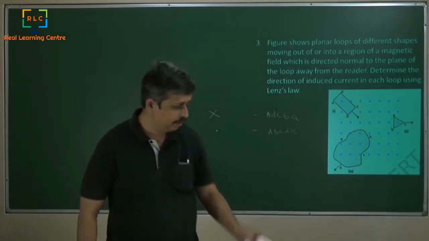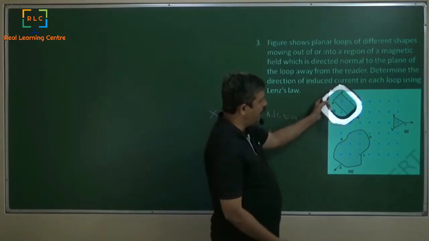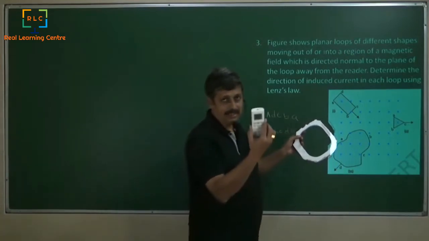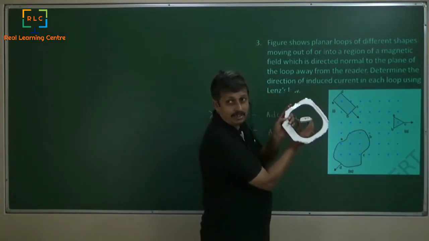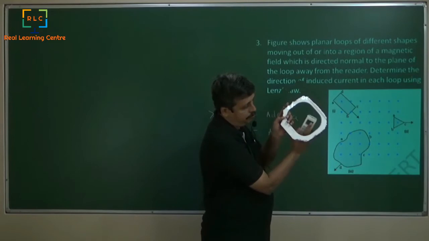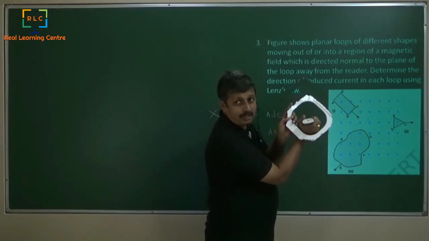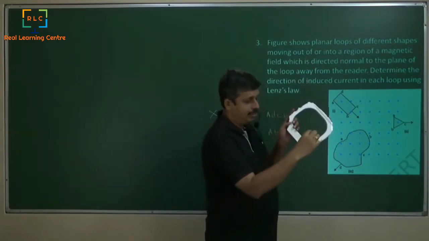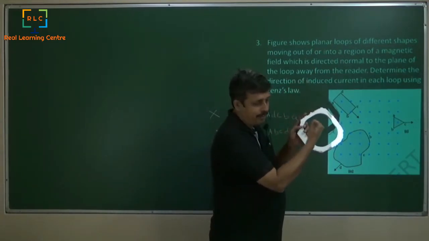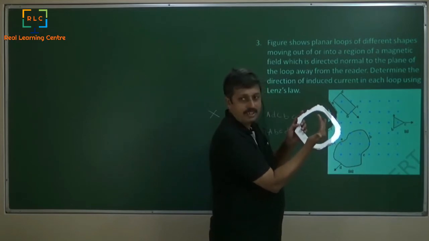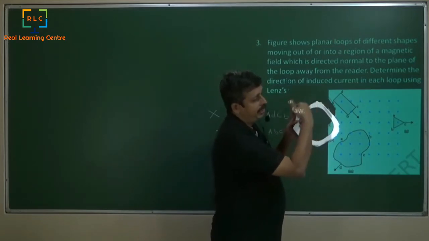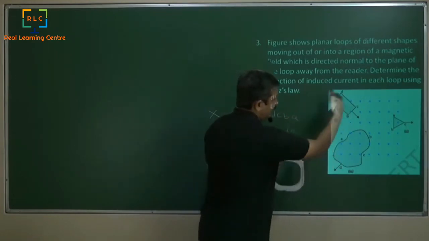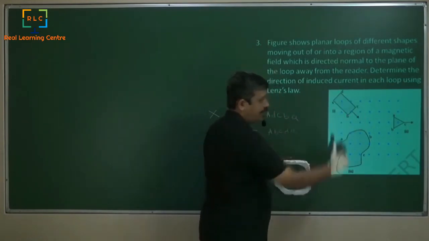The magnetic field has to be like this, so this is our north. To get the magnetic field from inside out, I keep the thumb in that direction. Now I see my fingers going like this, so the current has to be like this: A B C D A.